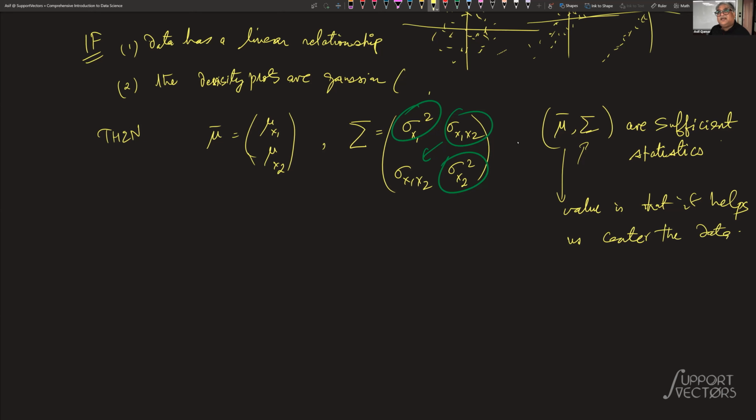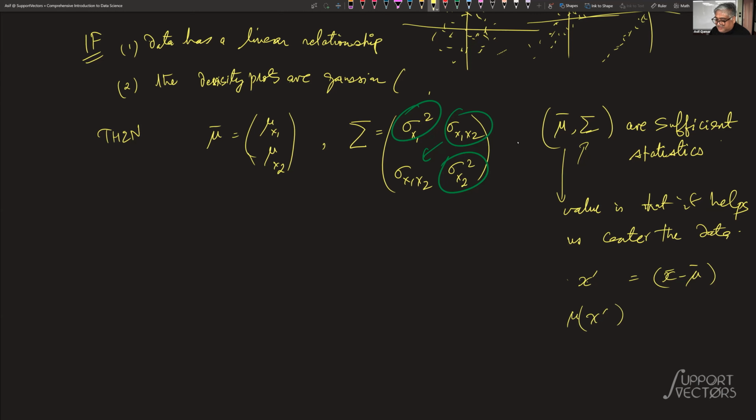So once you center the data, suppose you come up with x prime, which is, let me just write it as vectors, x prime equal to the original x minus mu. What would be the mean of this? What would be x prime bar or mu? 0.